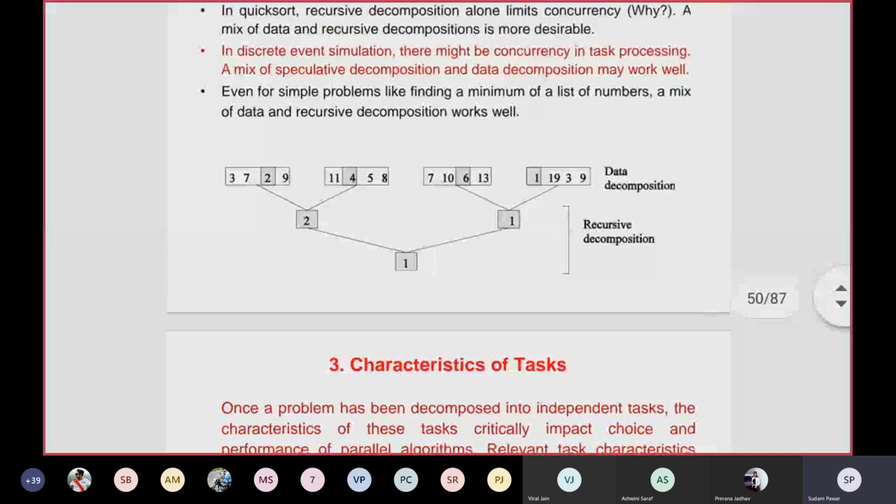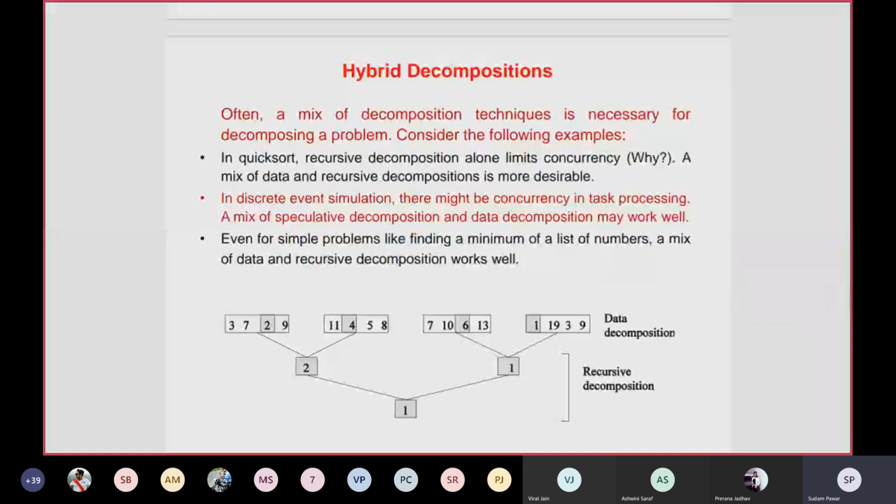So here we have almost covered the decomposition techniques: recursive decomposition, data decomposition, exploratory decomposition, speculative decomposition, and hybrid decomposition. So here we have finished the decomposition technique topic.